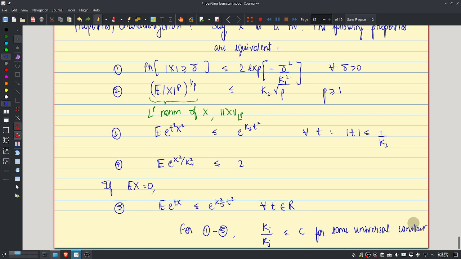Okay, the universal constant doesn't depend on the distribution. I can upper bound, that's why I say it's upper bounded by a constant. Let me say Cij for some universal constants.